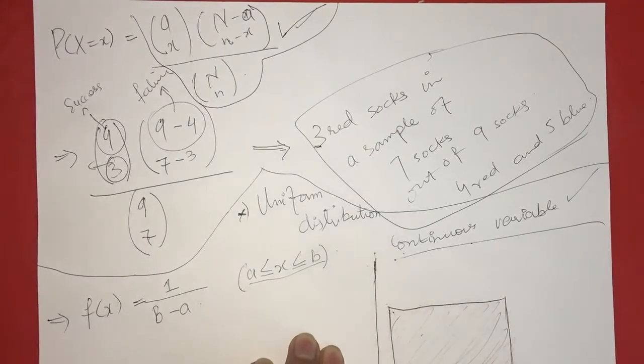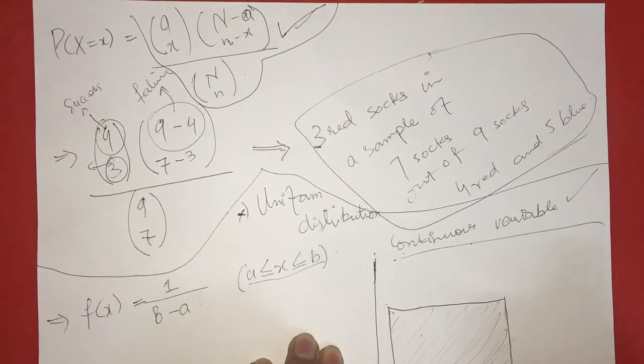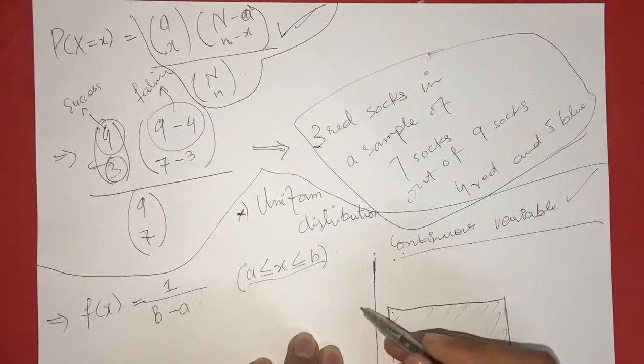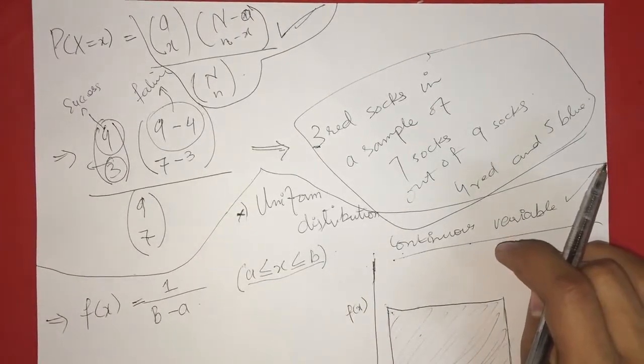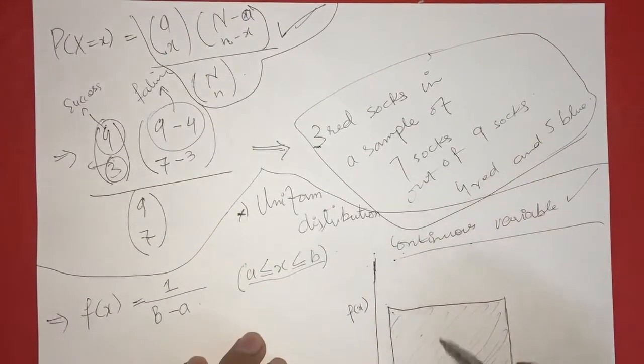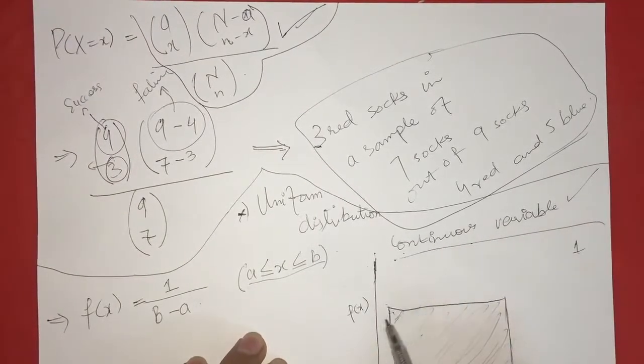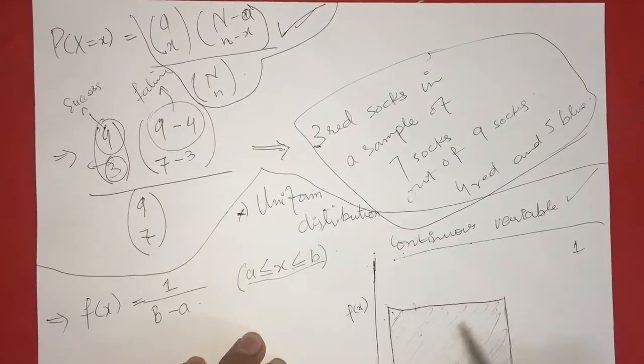But once you leave the interval, the probability becomes 0. It falls down to 0, and this is our f of x. As we learned in previous lectures, the area under the graph, or the probability, cannot be more than 1. So if we add all of these probabilities, we are going to get 1.